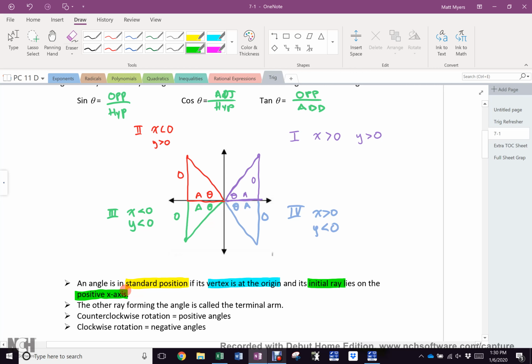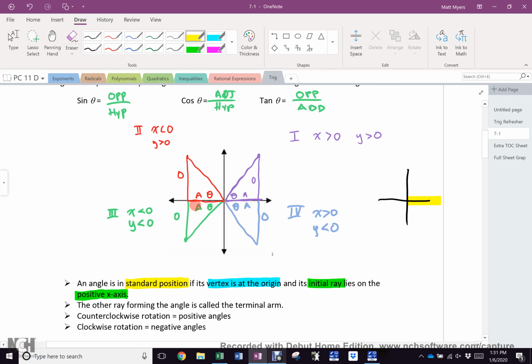Now, this is a little strange. I'm going to draw another coordinate grid over here. The positive x-axis is where? Only here. Right? So, is this red angle in standard position? No, because it starts not on the positive x-axis. It starts on the negative x-axis. Everybody understand?